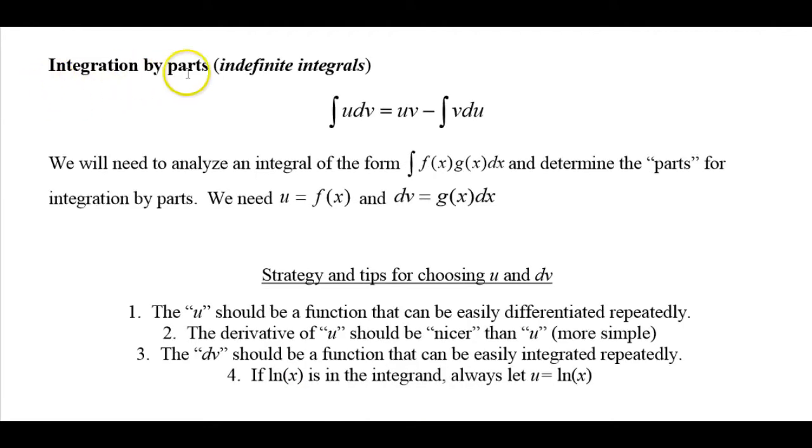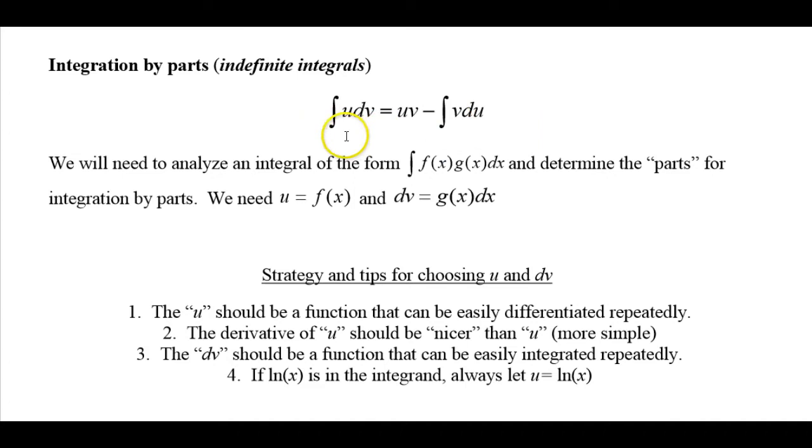Here is the integration by parts formula just for indefinite integrals. If I have the integral of u dv, that equals u times v minus the integral of v du.